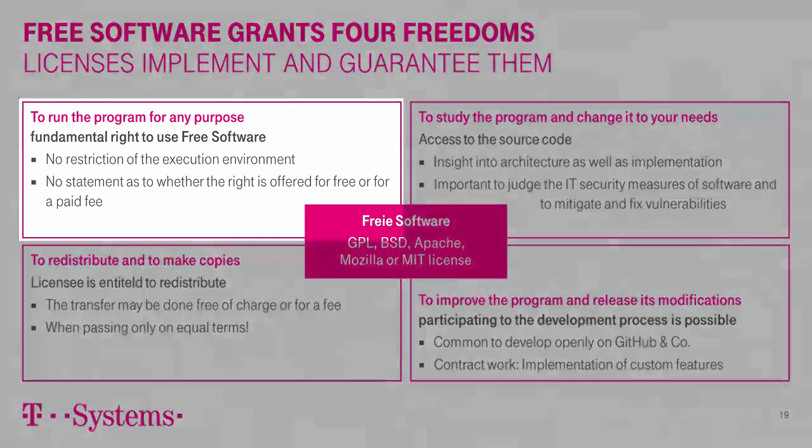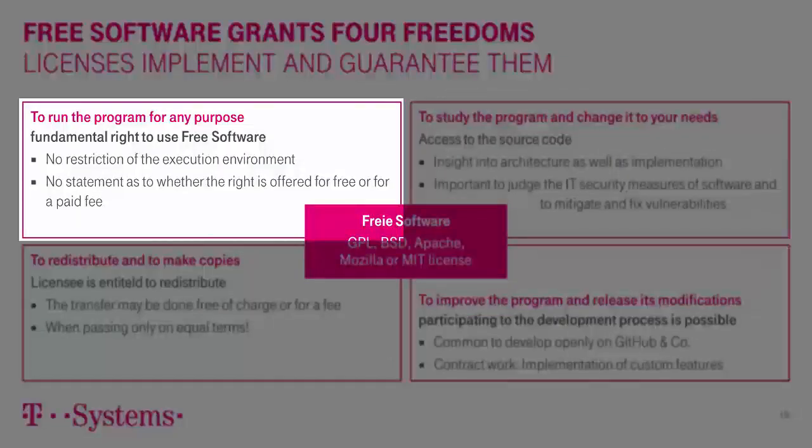Let's start with the upper left freedom. Freedom number 0. This is the freedom to run a software or a program for any purpose. This is the fundamental right to use free software. There are no restrictions on the execution environment.